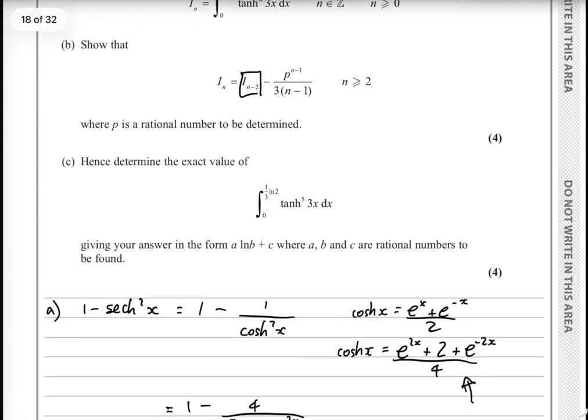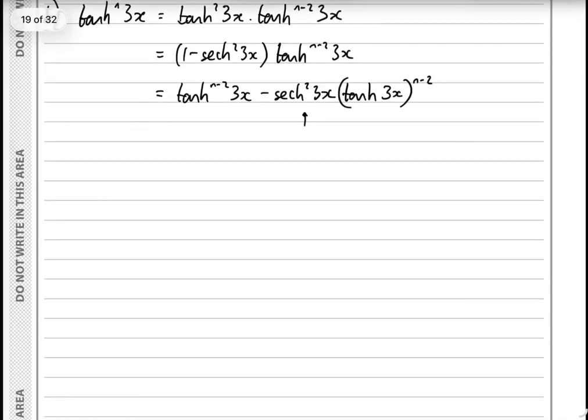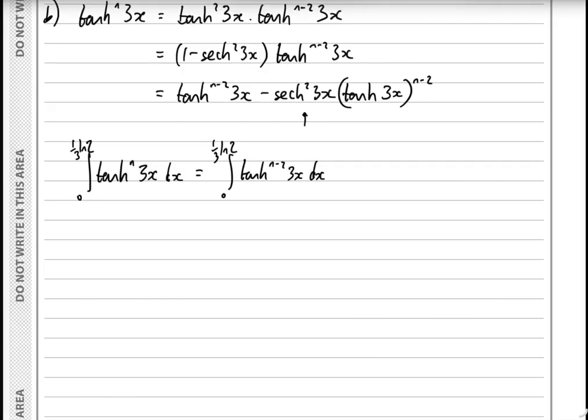We're using the limits 0 to 1/3 log 2, of tanh n 3x dx can now be written as the integral from 0 to 1/3 log 2 of tanh n minus 2 3x. And I'll split the integral here as well.